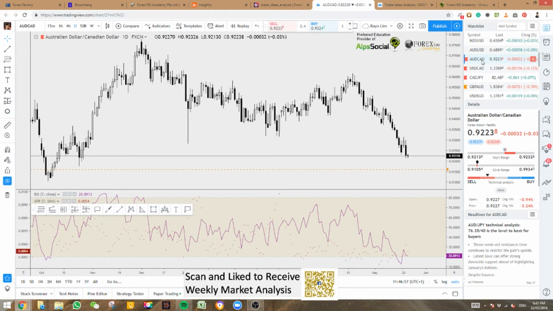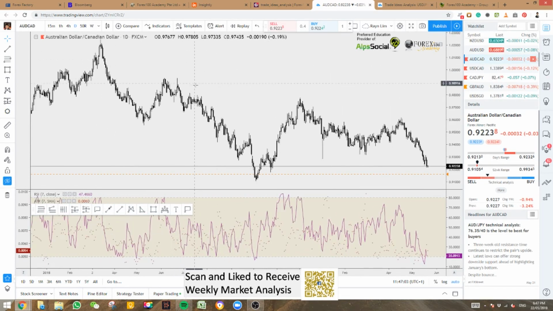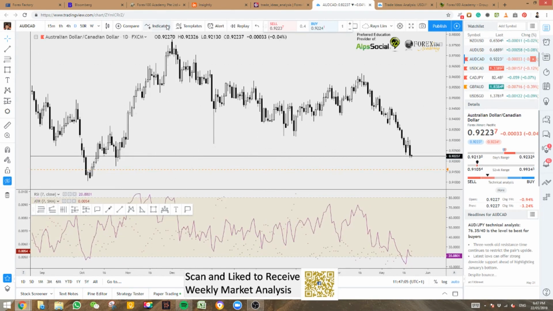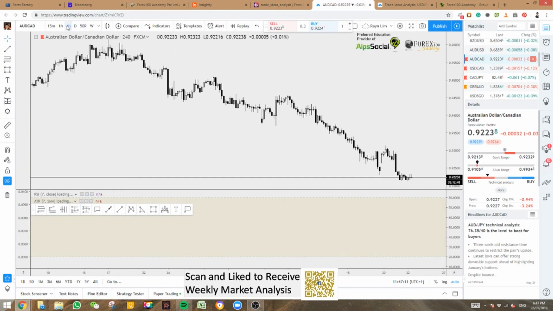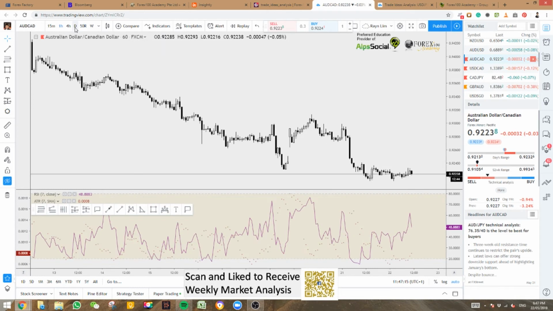On the daily chart on Australia CAD, we can see that it is pretty bearish. Market came down, retraced, came back down, creating a new low. On the 4-hour chart, flat again. 1 hour, totally flat.